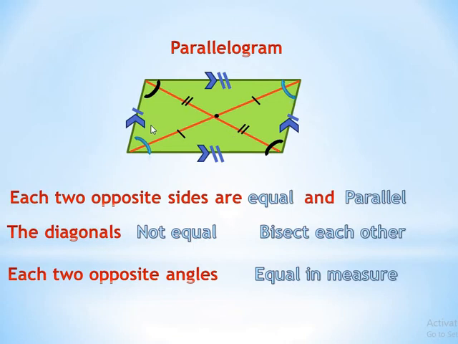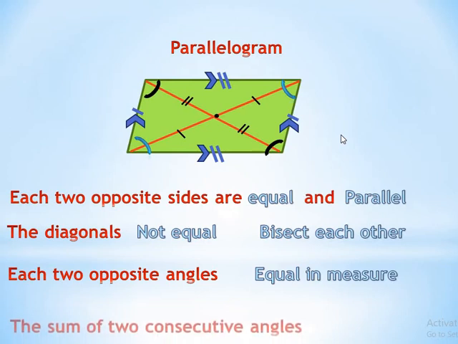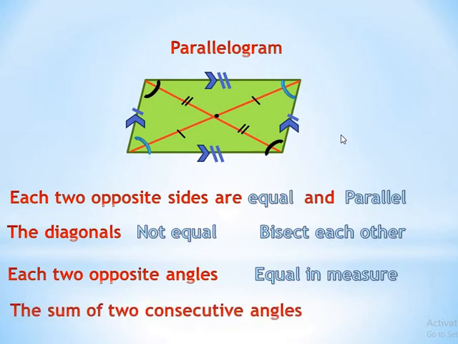The sum of two consecutive angles equals 180 degrees. So this angle plus this angle equals 180 degrees. If this angle equals 60, the other angle will be 120. Why? 180 minus 60 gives us 120 degrees.